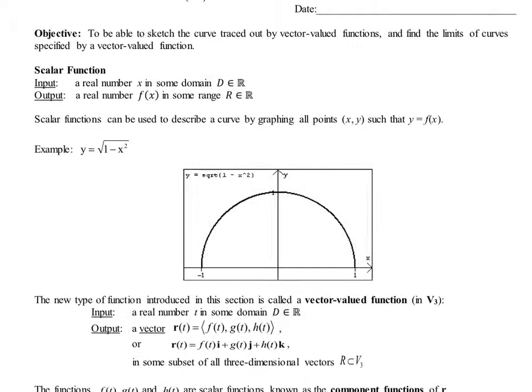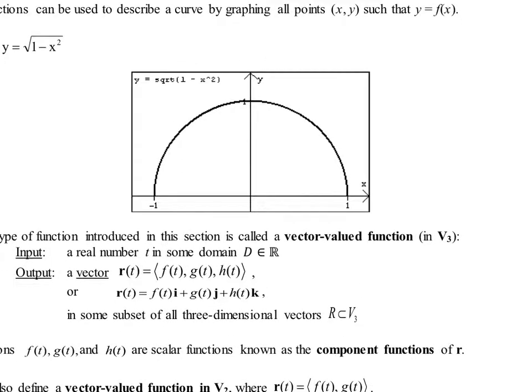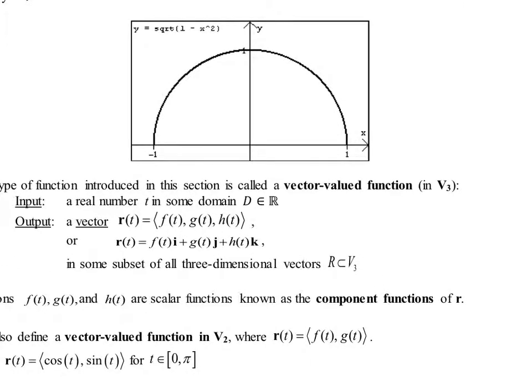We could write it as a vector valued function, and there is value in doing that. We're going to parameterize it with some parameter t. And it could involve 2 dimensions, 3 dimensions, and that's just the beginning, because you could be in 4 dimensions, 5 dimensions, and so on.